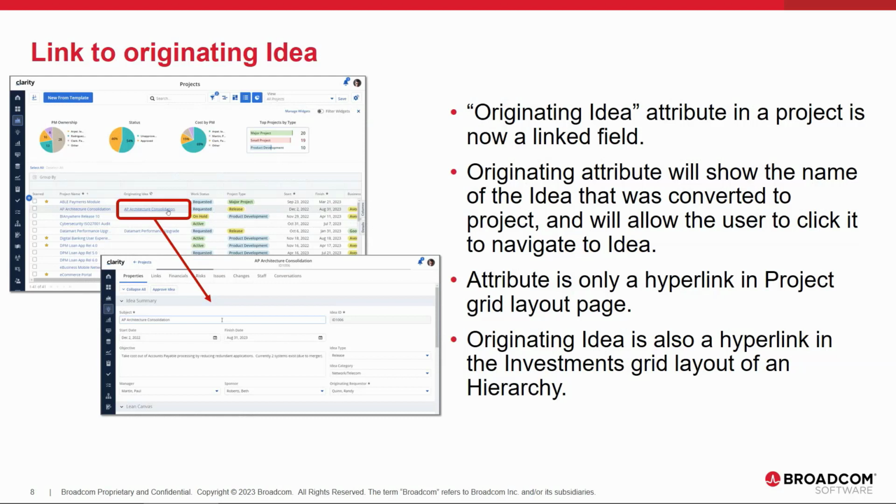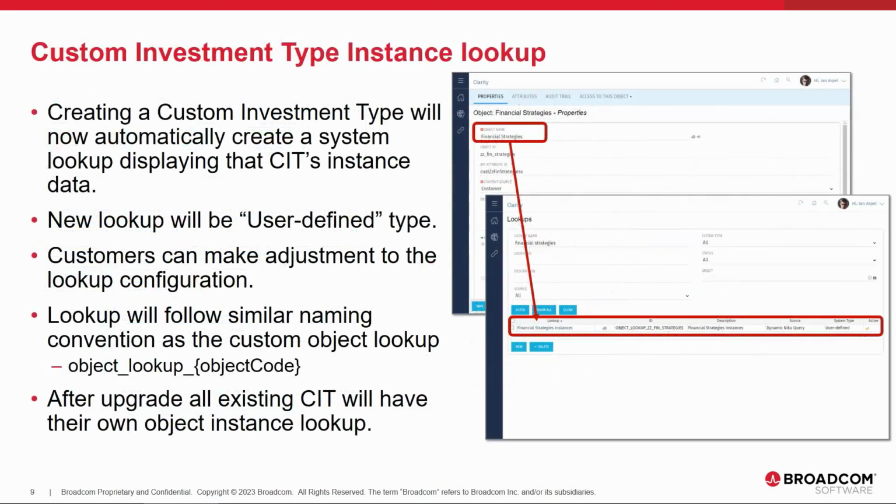The same originating idea is also hyperlinked and available in the investment grid layout of the hierarchy. Anytime an administrator creates a custom investment type, we will now automatically create a lookup for that custom investment type.